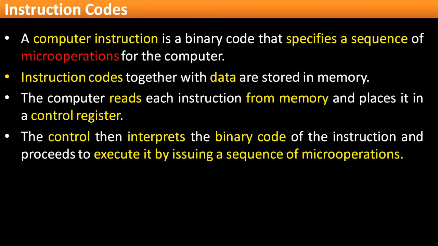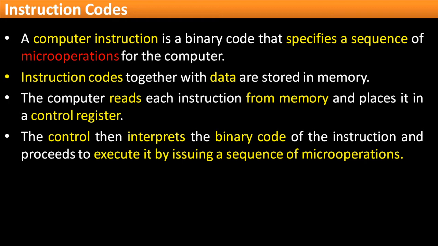Then the instruction is decoded and the computer proceeds to execute it by issuing a sequence of micro operations. Apart from so many instructions that the particular computer understands, any one of the instructions is decoded in the decoder.